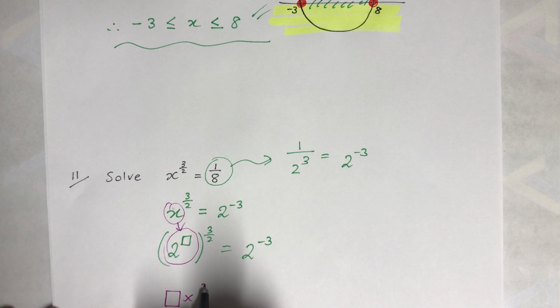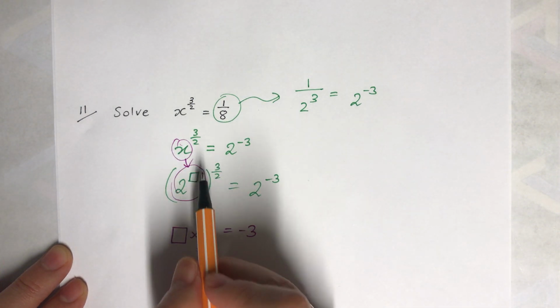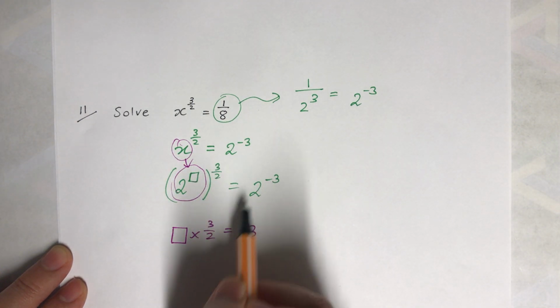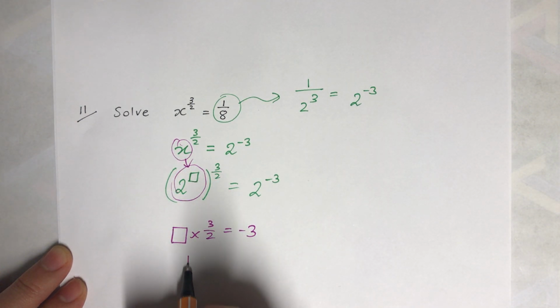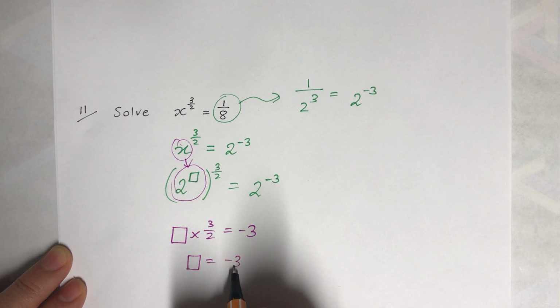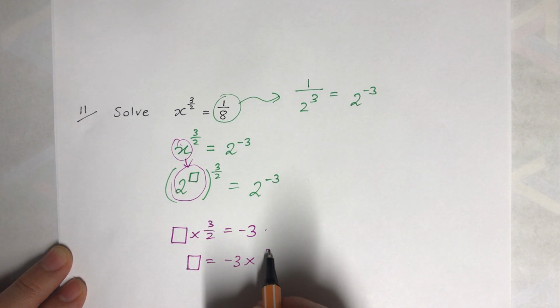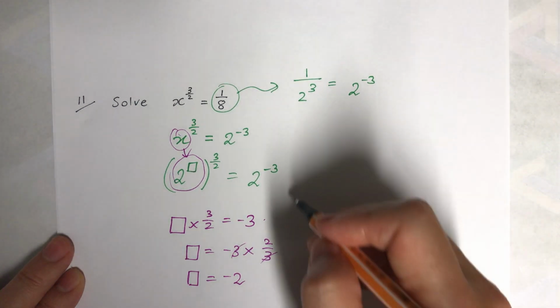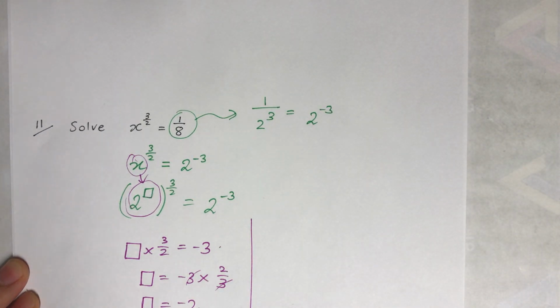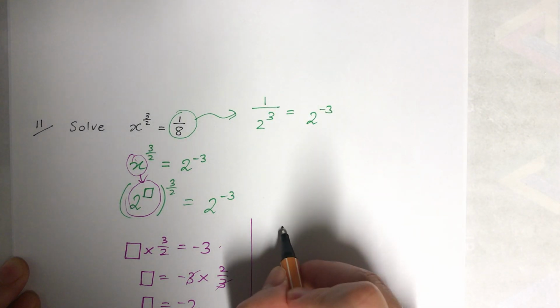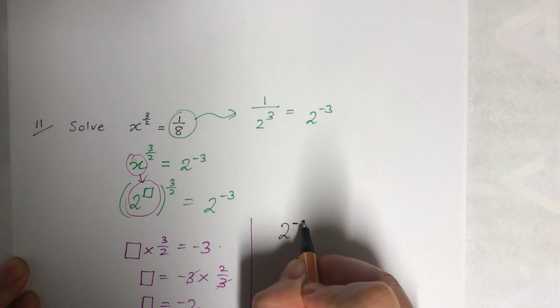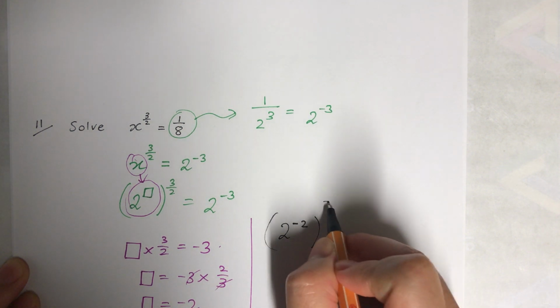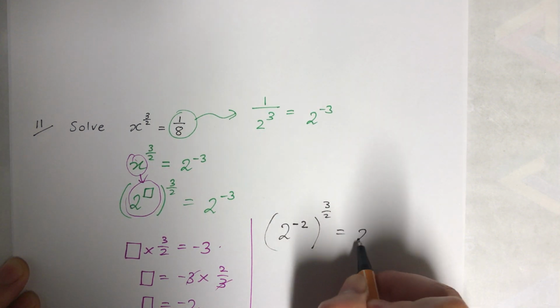So I'm just taking the powers out and then I'm going to deal with it. So that is times flip over, will be minus 2. So what I've got here is 2 to the power of 3 over 2 equals 2 to the minus 3.